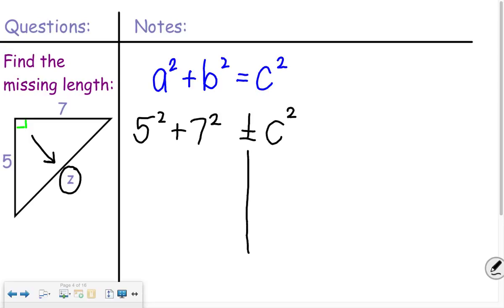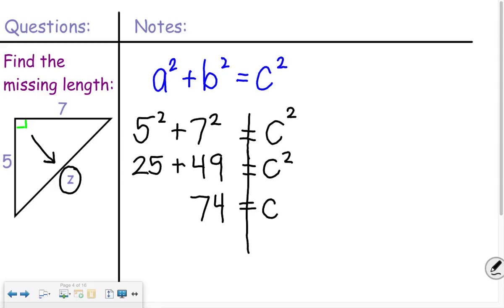And then I'll solve. So 5 squared is 25. 7 squared is 49. 25 and 49 are on the same side, so I'm going to add them. I get 74 equals c squared. Undo my squared by square rooting both sides.